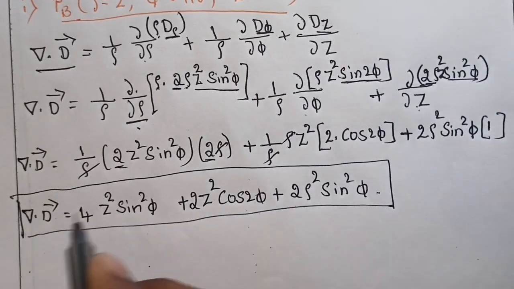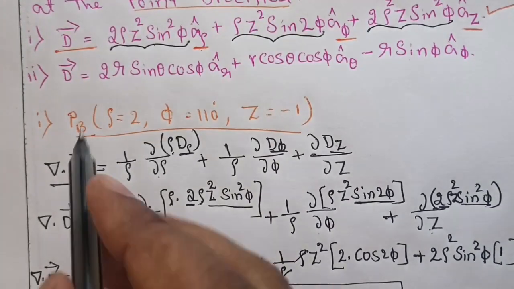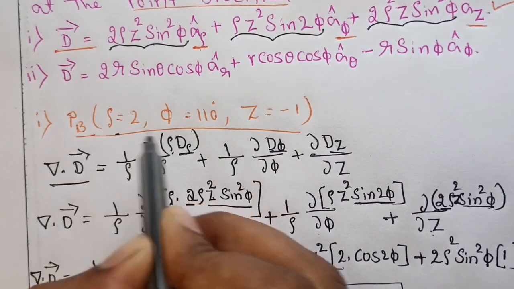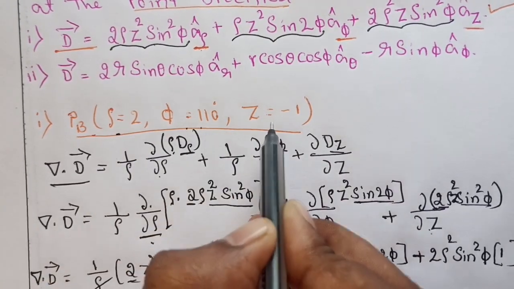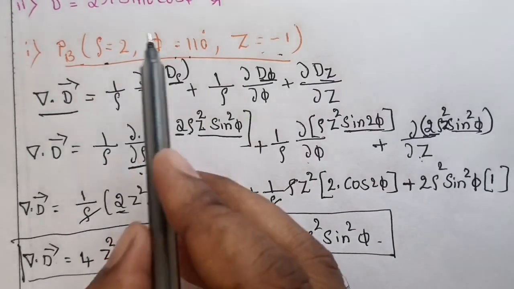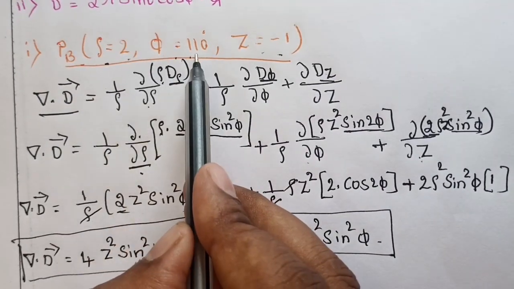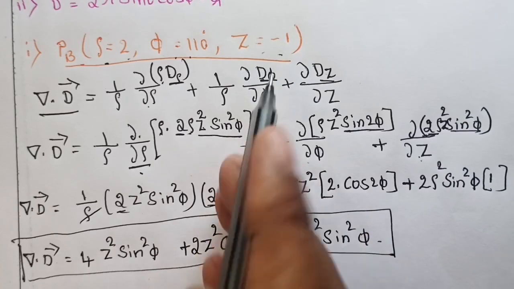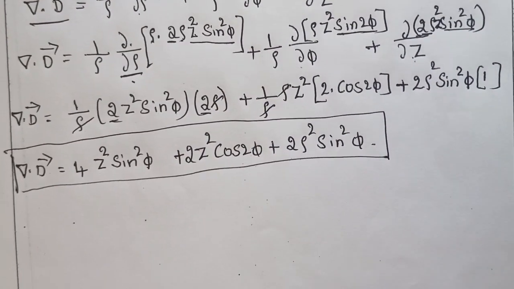But we need to find it at the point given. What is the point given? Rho equals 2, phi equals 110 degrees and z equals minus 1. So wherever rho is there, I will substitute 2, wherever phi is there, 110 degrees, and wherever z is there, minus 1.